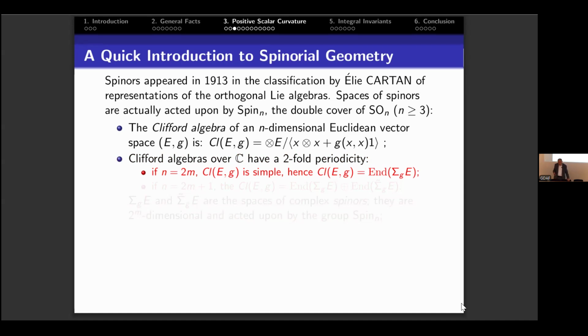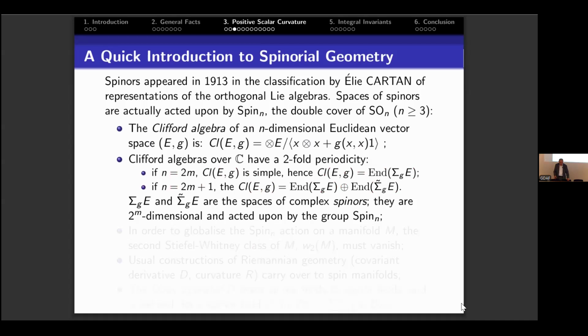And this vector space is a space of spinors. If the dimension is odd, the Clifford algebra is not simple, but it's almost simple. It's the sum of two simple algebras. So in a sense, you see two vector spaces appearing because there are two factors, which is the endomorphisms of one plus the endomorphisms of another one. They are almost the same, but not exactly the same.